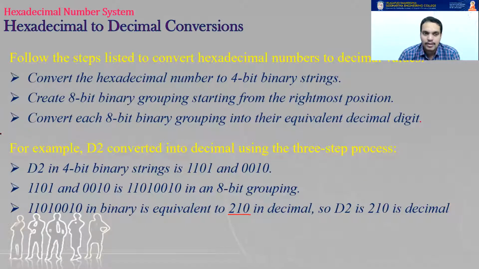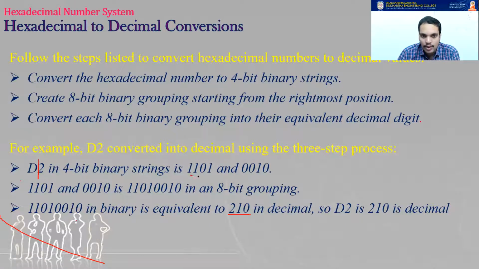So I'll just repeat this. You have been given a hexadecimal number, and you have to break it up into its binary, where each hexadecimal digit is 4 bits.